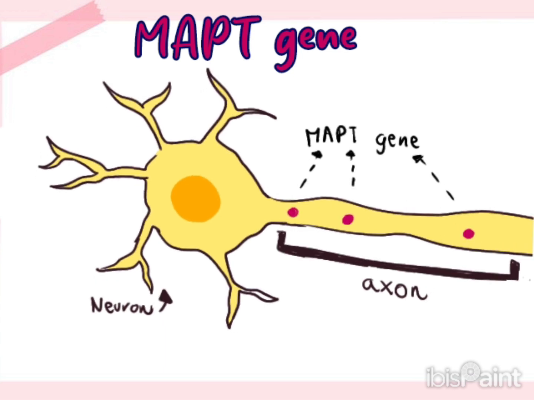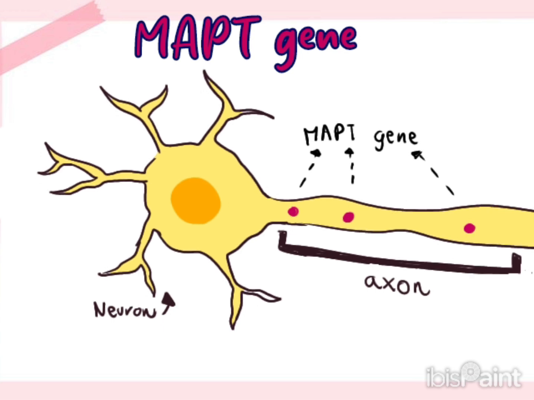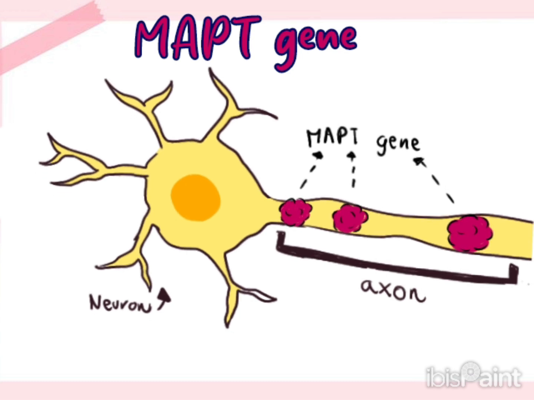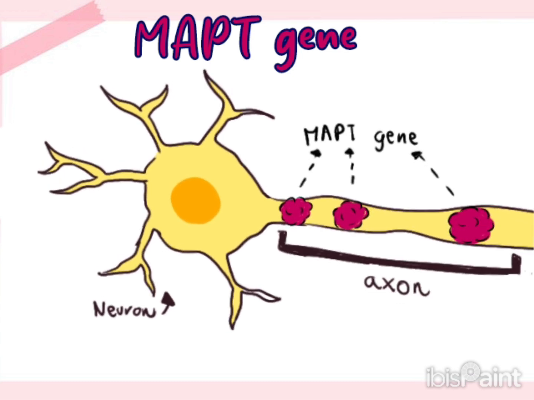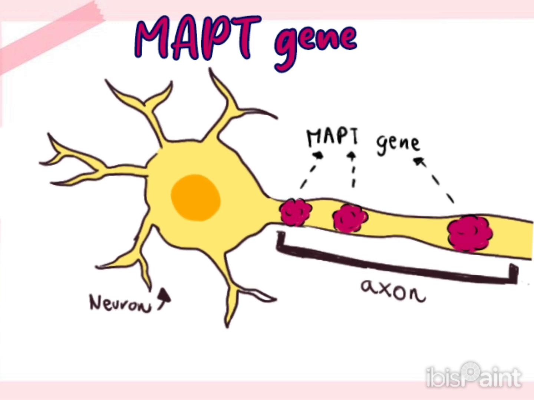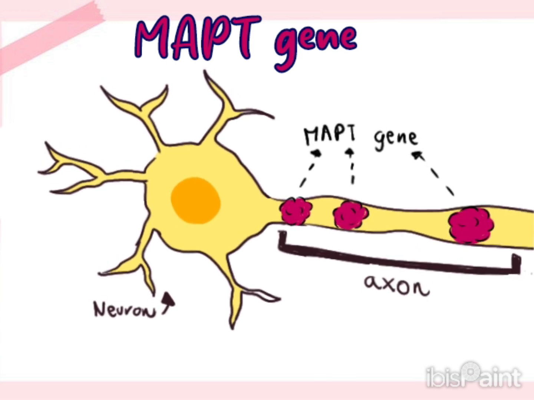But when tau becomes hyperphosphorylated, that means too many phosphate groups attached to it, it changes shape. Abnormal tau sticks to other tau molecules, forming twisted fibers called neurofibrillary tangles. These tangles collapse the internal transport system, so the neuron can't move nutrients or signals properly, and eventually the neuron dies.